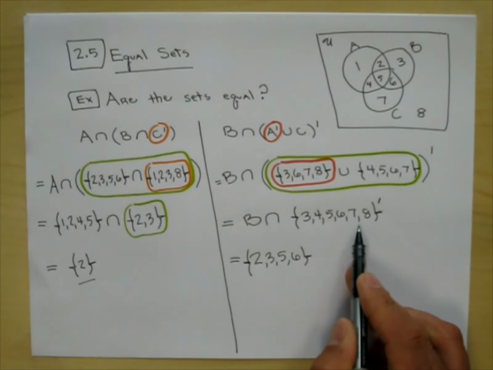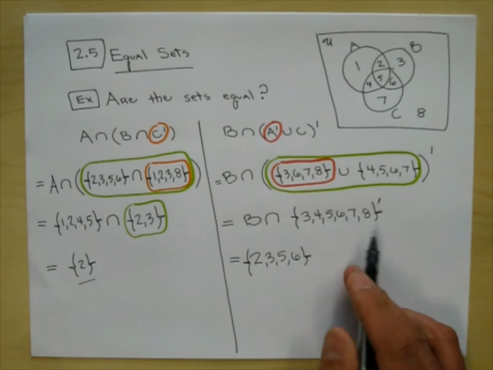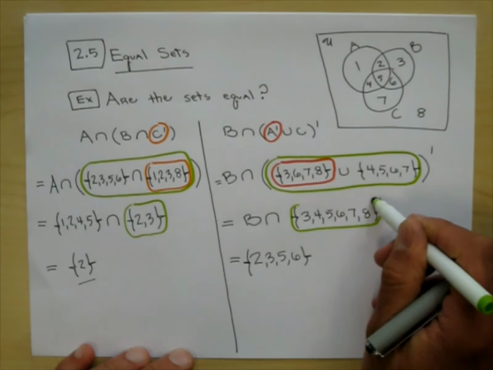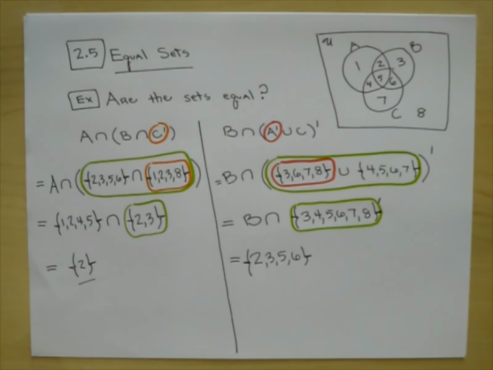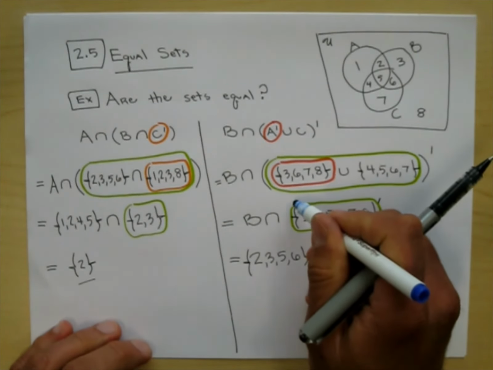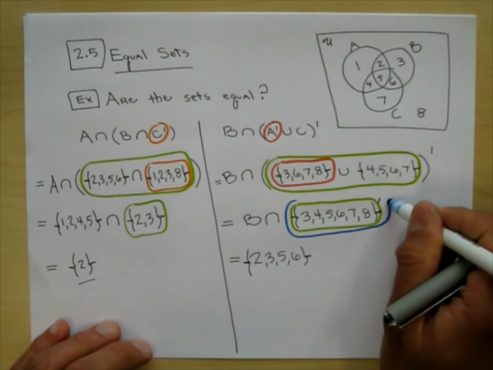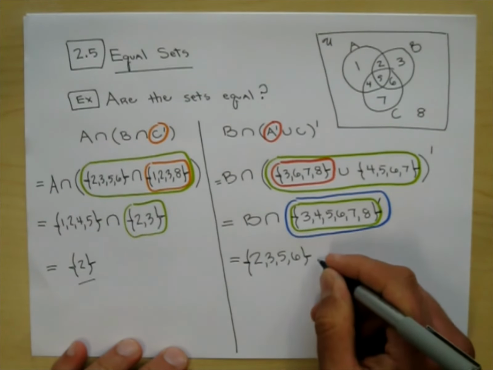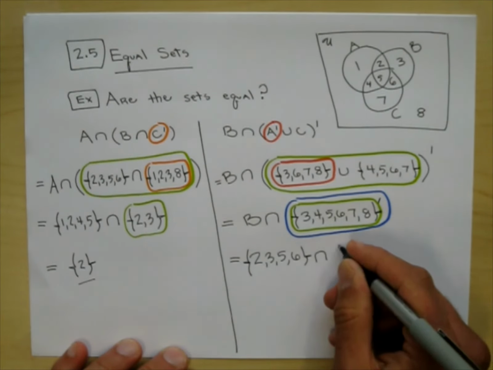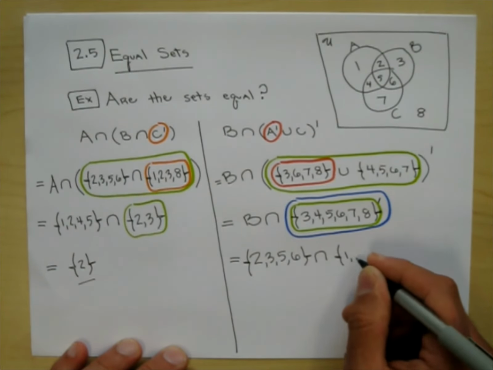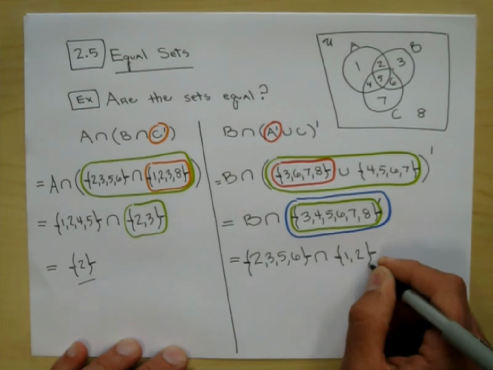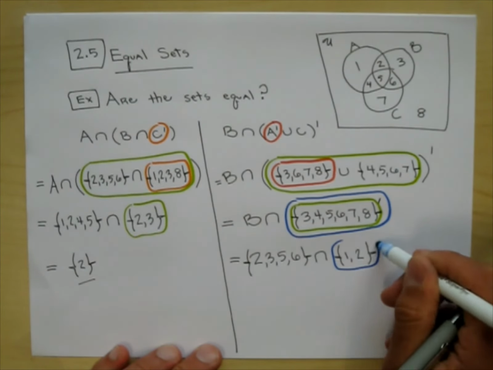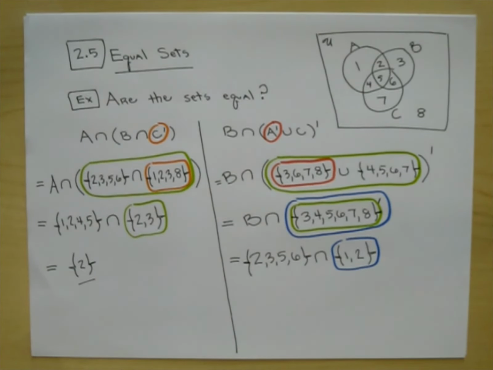The complement is done next. And so let me go ahead and circle this part in green. And the complement is blue. What is the complement of 3 through 8? Well, it would just be 1 and 2. Okay, so the last thing we have to do is that intersection.